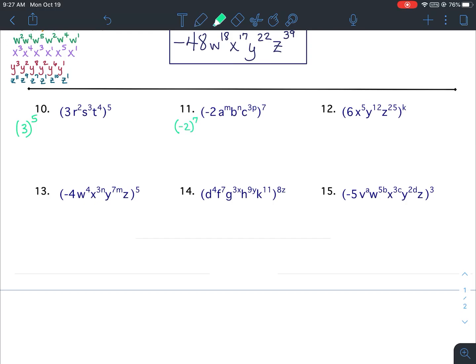For number 12, I've got 6 raised to the k power. For 13, -4 to the 5th. For 14, it's a +1 exponent. If you remember, we don't need to worry about +1 exponents, so I don't need to write anything for 14. 15, I've got -5, and raise it to the 3rd.